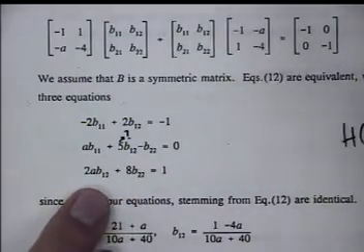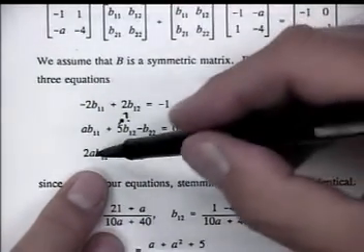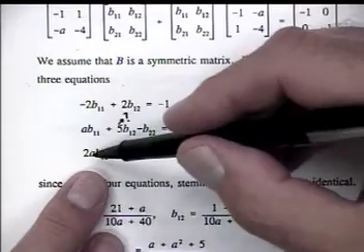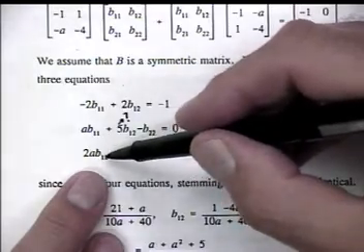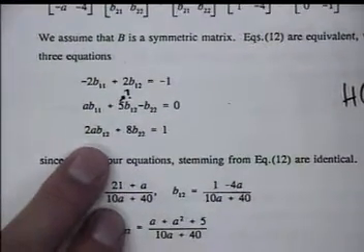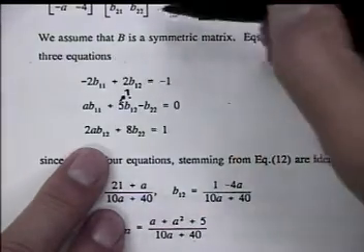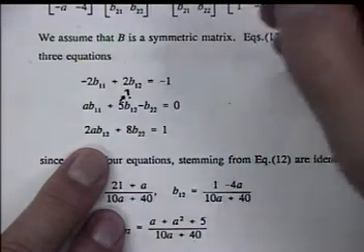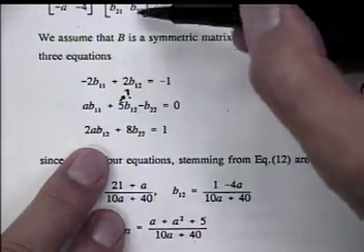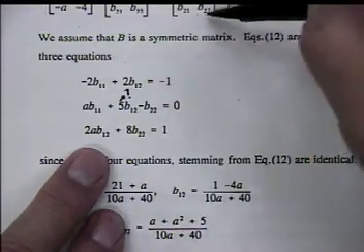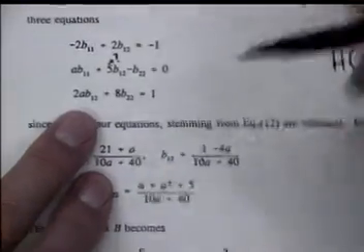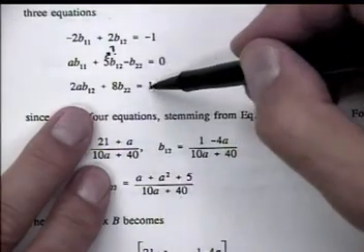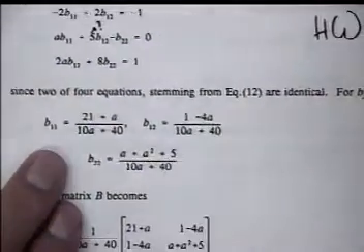And then here we are getting, the third equation is 2 times a, B12. That is probably this term. No, this term. This term. Plus 8 times B22 equals 1.